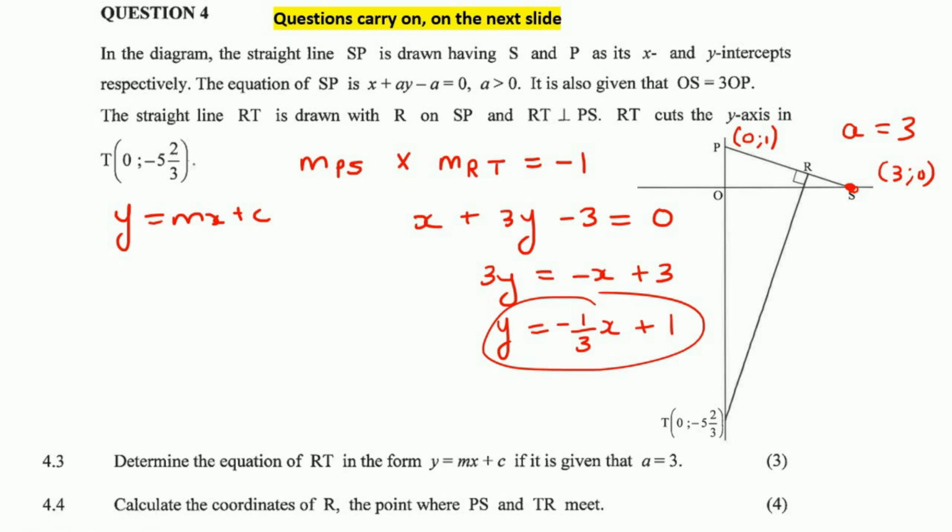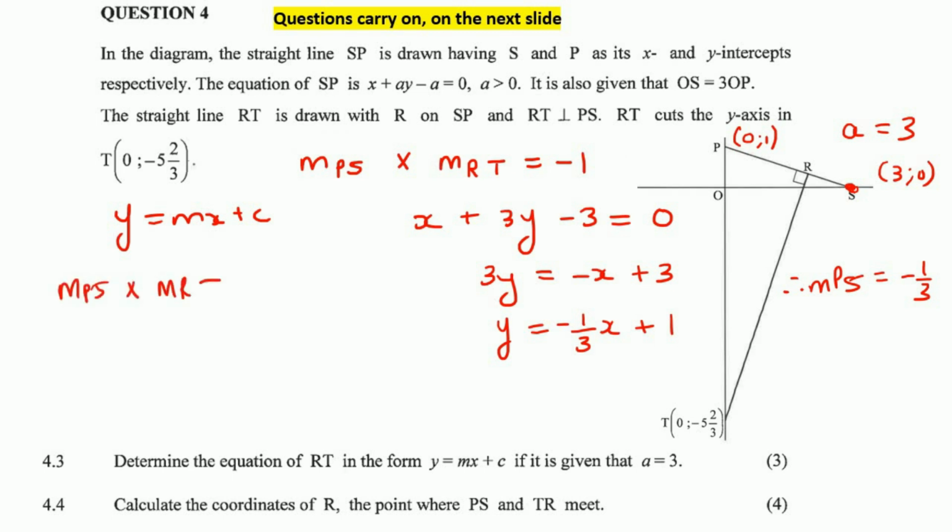So that means that the gradient of that line is -1/3, because that's always the gradient, the one in front of the x. So we can say, therefore, the gradient of PS is -1/3.